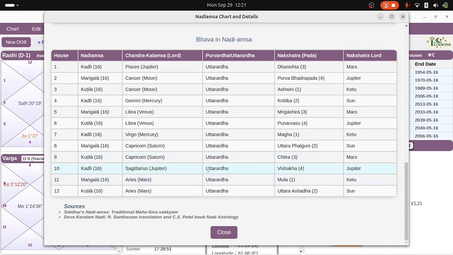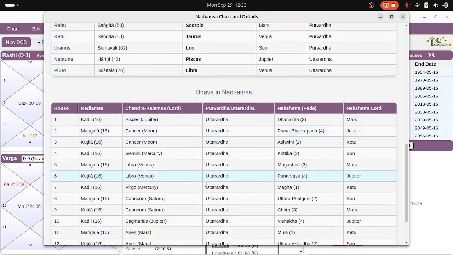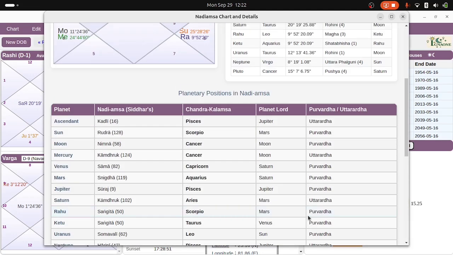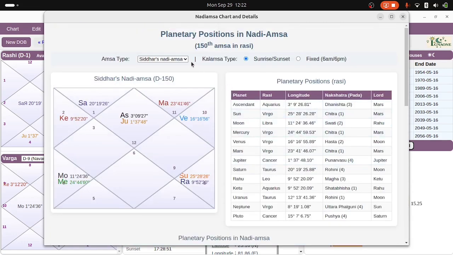Then Deva Keralam, which I'm yet to show, is from translations already in the public domain: Santanam Ji, the book of C.S. Patel, and Colonel Rajkumar has also written a book translating this Dev Keralam. If I click this, remember, the chart I showed belongs to Siddhar's Nadi Amsha. If you don't have Siddhar's Nadi Amsha, you don't have this chart.